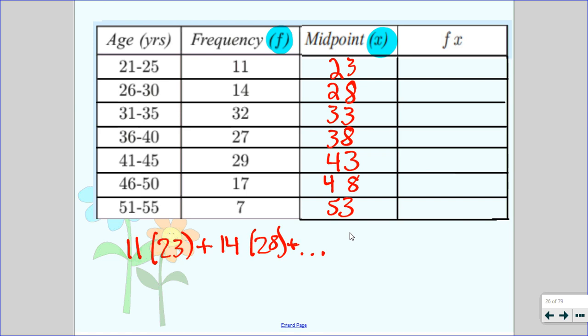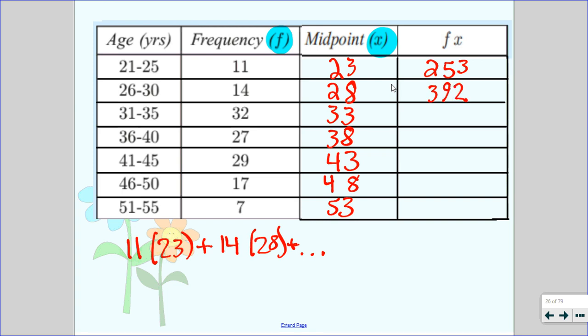But one way to organize your data better is to calculate fx, which is the result from multiplying the frequency times the midpoint. You can see that we do that in this formula: 11 times 23 plus 14 times 28, but this just builds that into the table. With your calculators, you can multiply 11 times 23 and you get 253. Then 14 times 28 and you get 392.